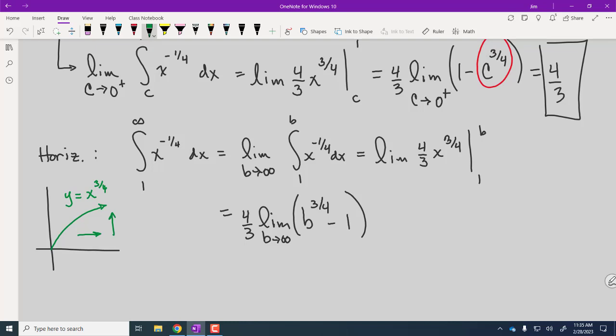Any fractional power on x, we have that bird wing thing happening in quadrant 1. So this part is going to go to infinity. That means the whole thing is going to infinity. Therefore, we have a divergent area. So it diverges horizontally but converges vertically.